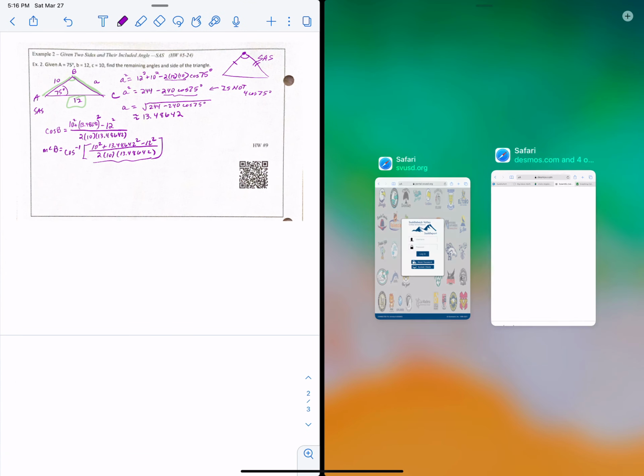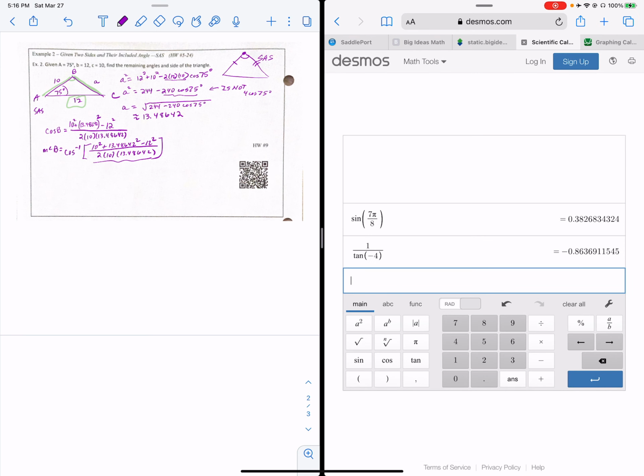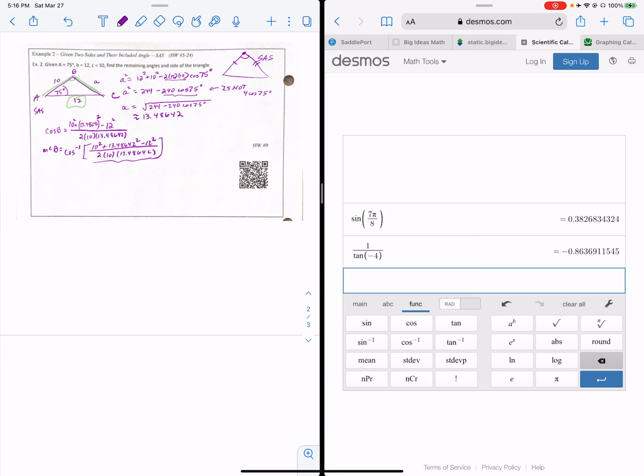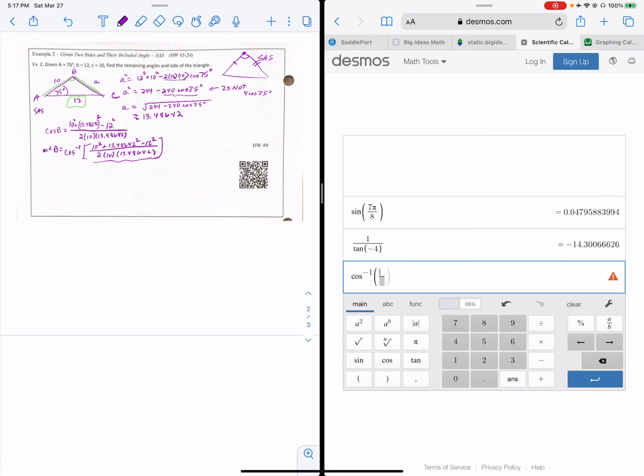So inverse cosine. But I need to make sure that I go back to the main and change it so we're in degrees. And then I'm going to have a fraction.